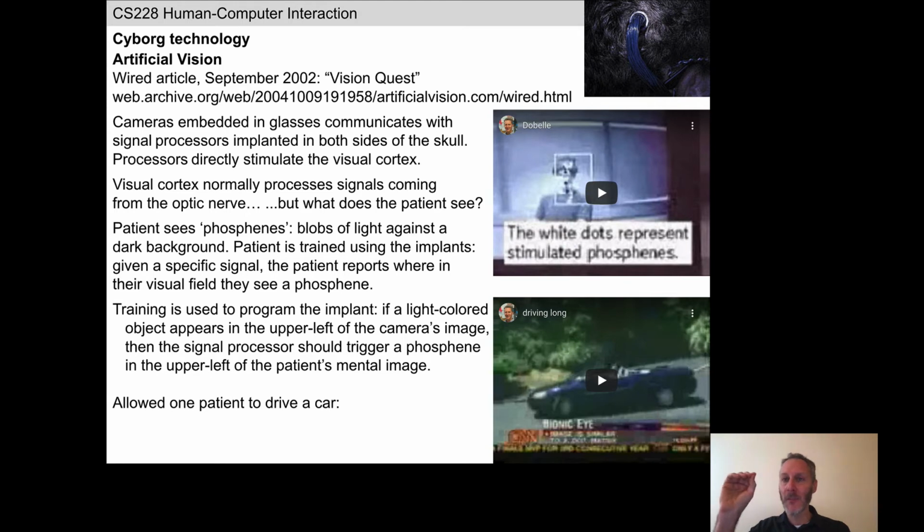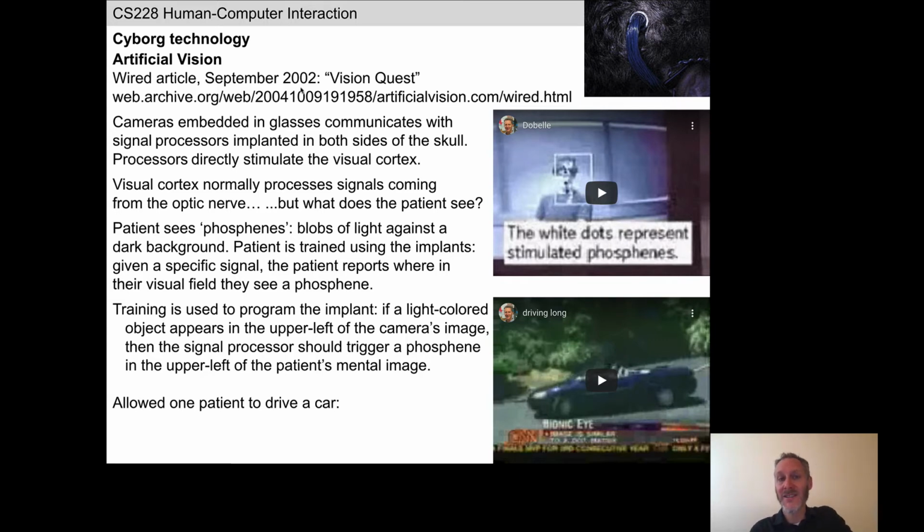What happens if the optic nerve or the auditory nerve are also damaged? Can we supply signals from the external world directly to the parts of the brain that process signals that normally come from those sense organs? That's brain-computer interaction. Interestingly, brain-computer interaction is also just as old as the retinal and cochlear implants.